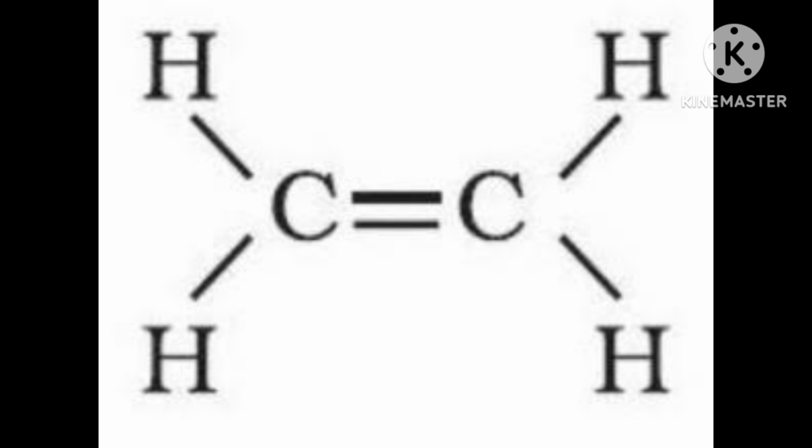NH group may also be there, amine, amide. Like that, chloride, Cl with one dash, Br with one dash, chloride, bromide, iodide, I with one dash, fluoride, F with one dash.